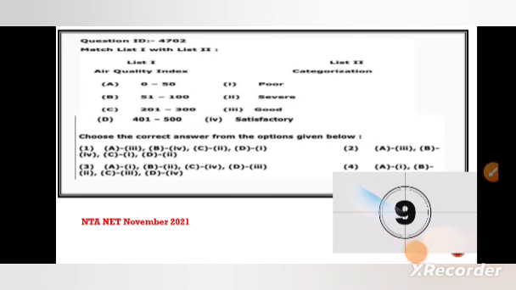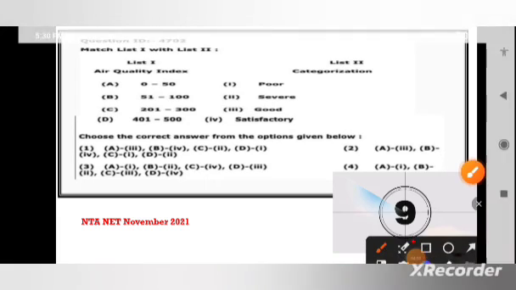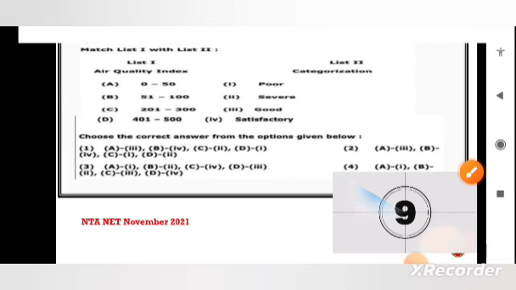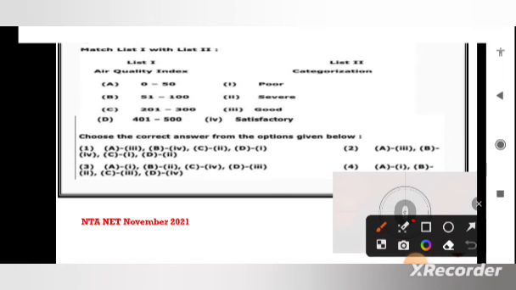Last question is a match type question in which we have to match air quality index with its category. So, as we know that the lower the air quality index, the better the quality of the air will be.